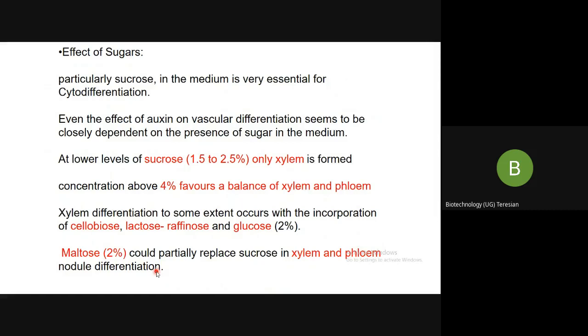It means that most of the sugars, particularly sucrose, play an important role. If sucrose is not available, maltose can come to the rescue, because maltose can partially replace the sucrose in the formation of xylem and phloem.